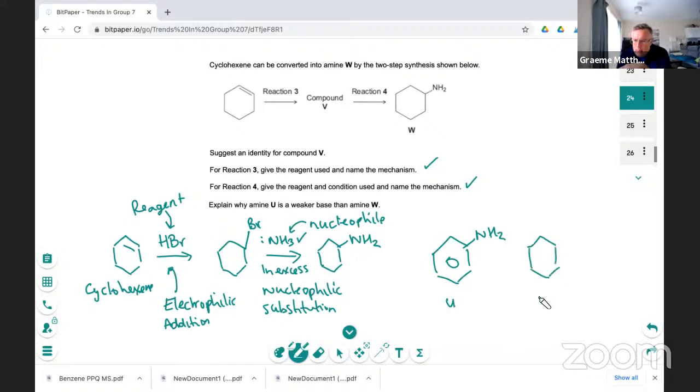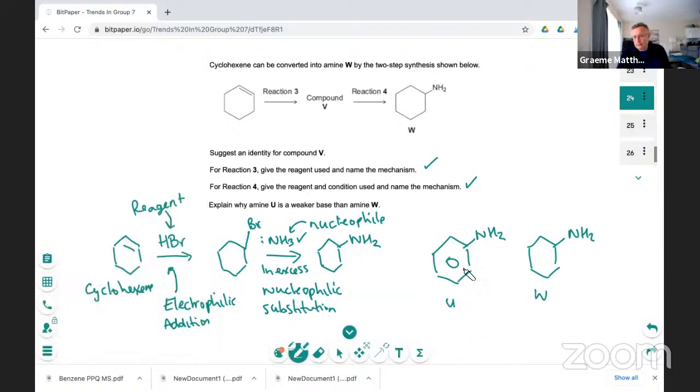Chemists, the reason why I put this one into today's lesson is this. What's the only difference between amine U and amine W? It is this ring.